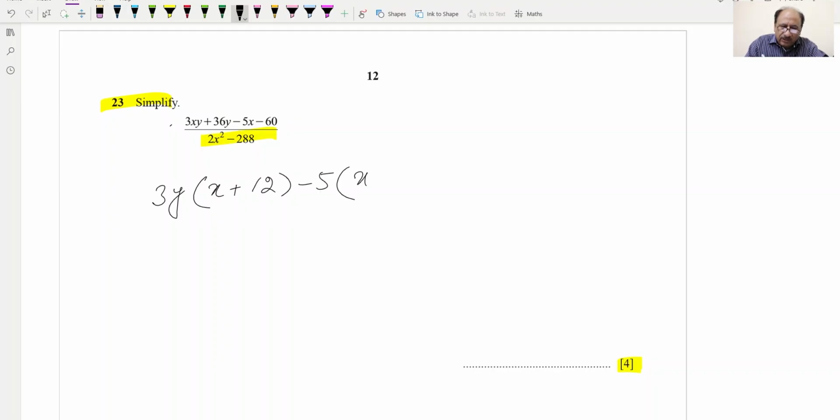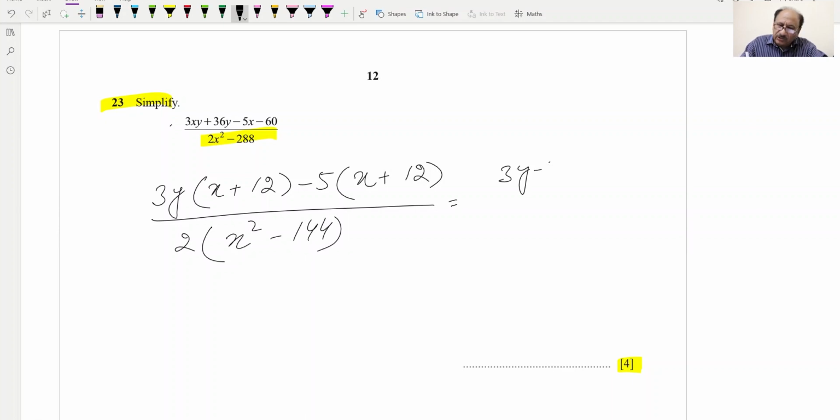So inside will be x plus 12, and divided by, we can take 2 common from the denominator, and it will be x squared minus 144, and this one we can rewrite as 3y minus 5 into x plus 12 and divided by 2, and this one we can apply a formula.